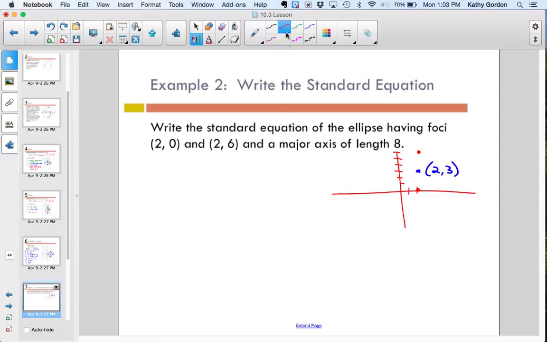So these were the foci. Now I have to go 4 units away from my center to get to the vertices. So one more that way, one more that way. Which means A is going to be 4. Can I tell B at this point?